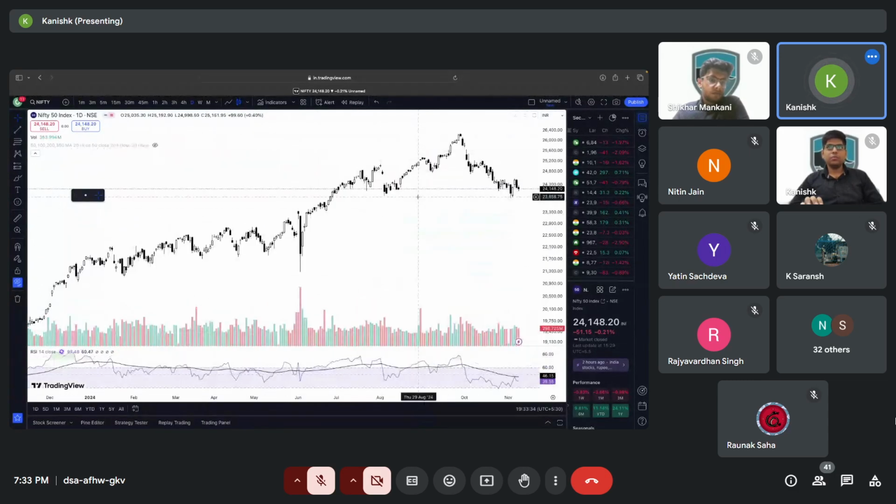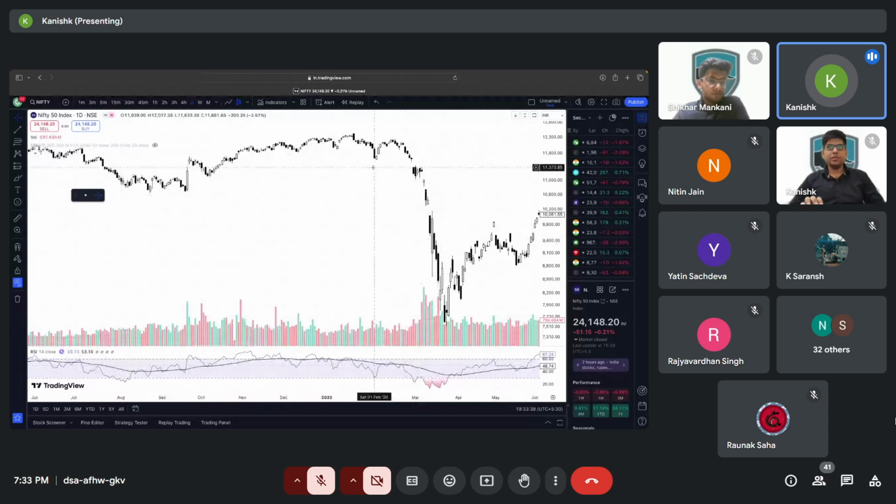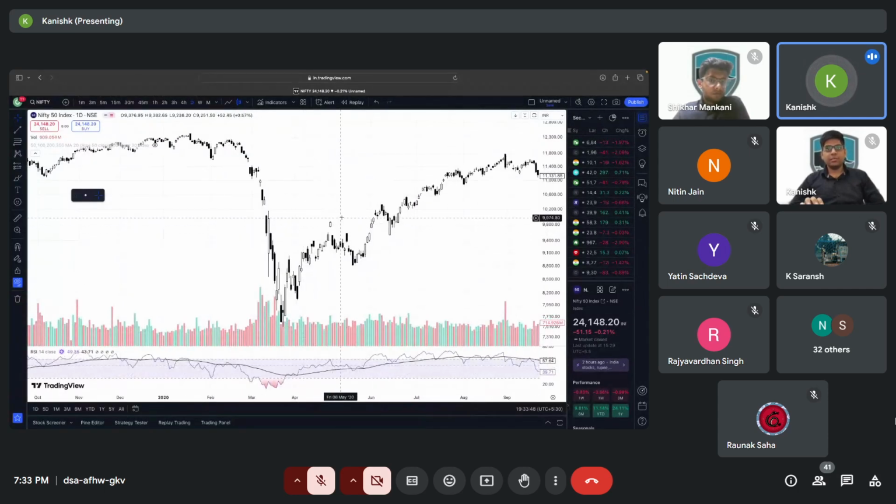See this one too. It worked. It even predicted before this hammer formation. See, this is a kind of inverted hammer. This is also an inverted hammer, and this indicates that the buyers aren't able to take control.